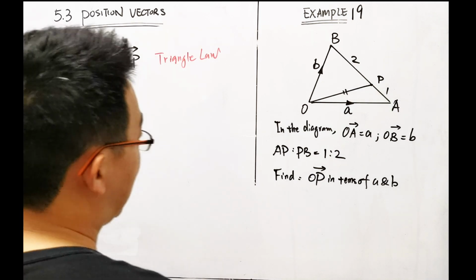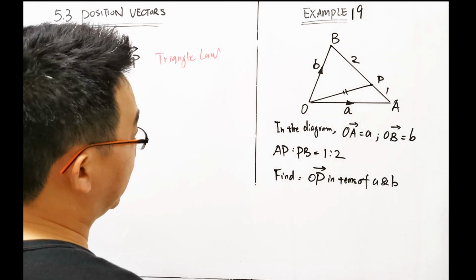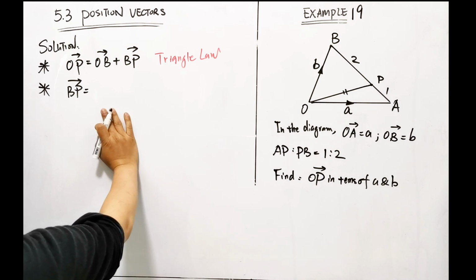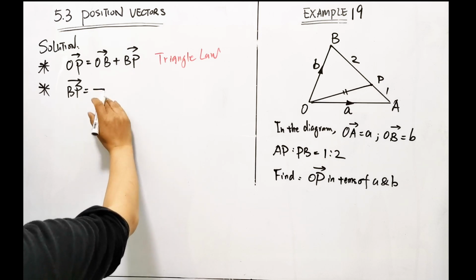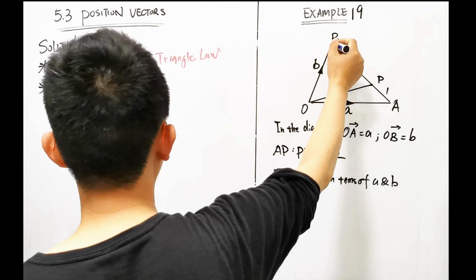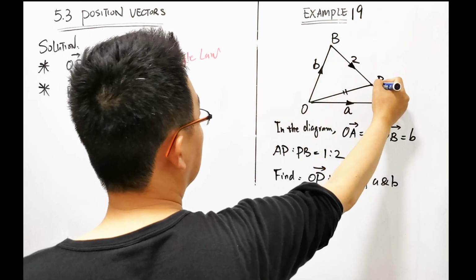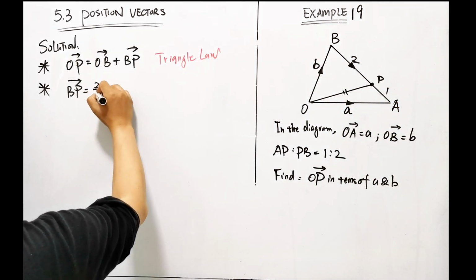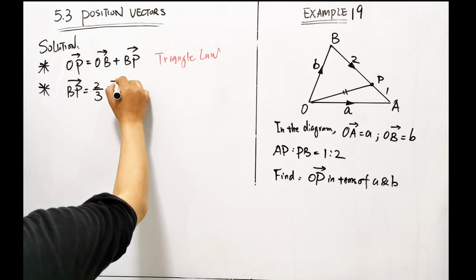So from here, what can we find? BP is actually 2/3 of the BA, right?